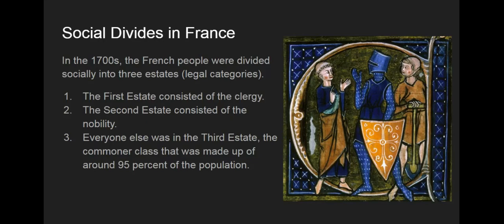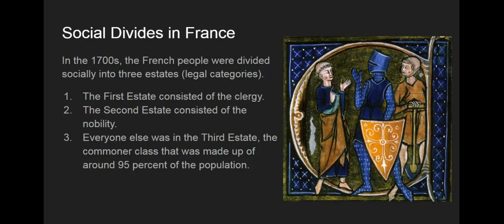So the first estate consisted of the clergy, which would be this gentleman on the left. The second estate consisted of the nobility, which would have also included knights, which accounts for his costuming. And then everyone else was in the third estate. Now, the commoner class made up around 95% of the total population in France.